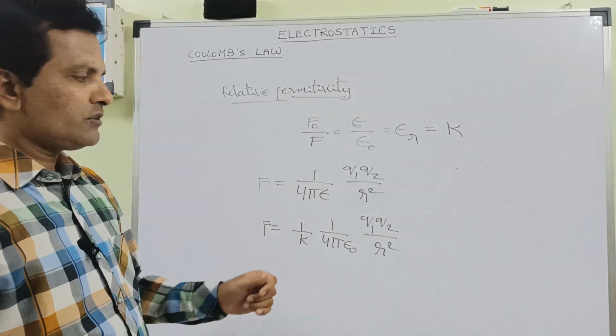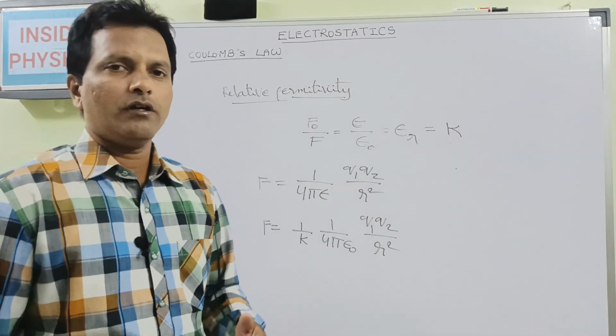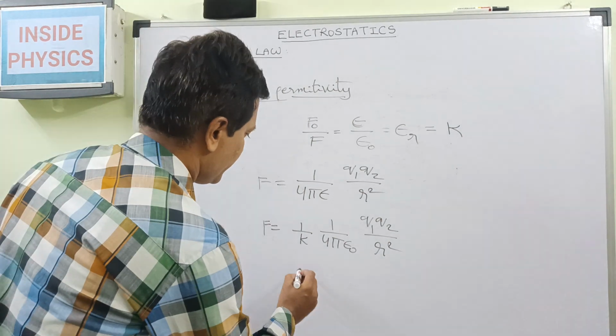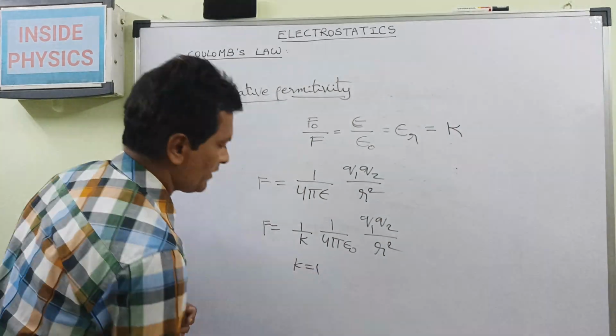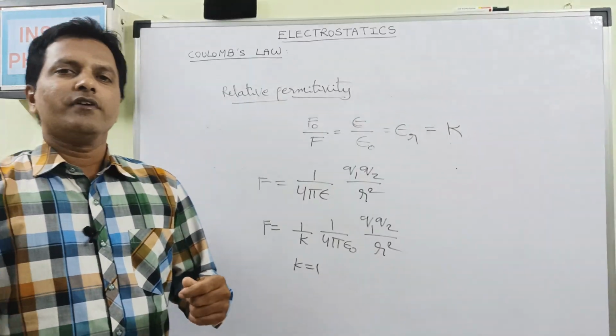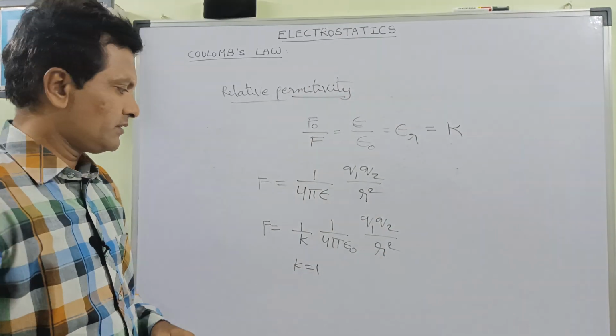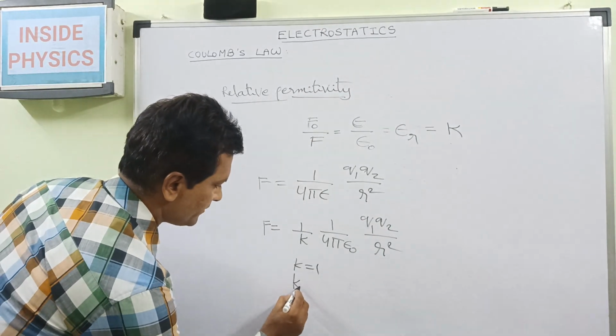Okay, so here for air or vacuum we can take K is equal to 1, and for good conductors like metals K becomes infinity.